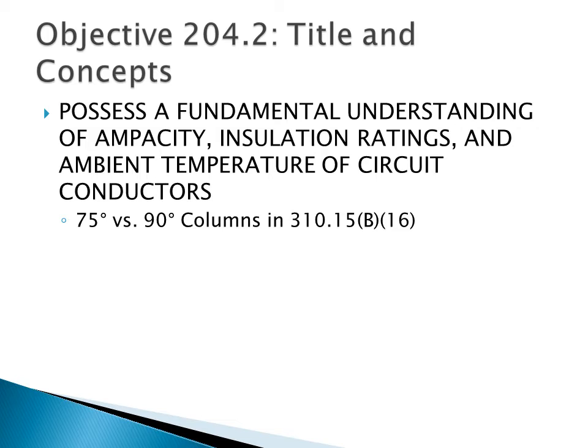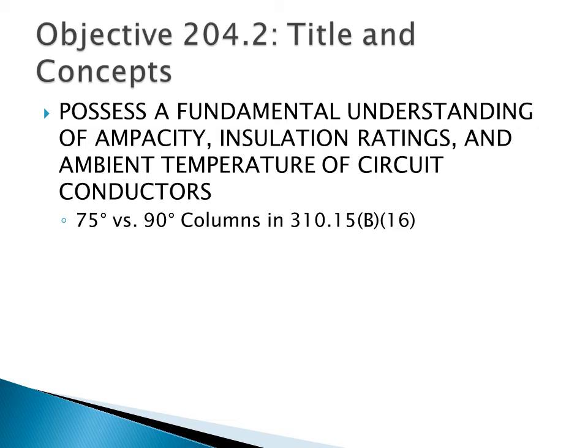Except when we are making an ampacity adjustment or correction, meaning we're going to adjust for more than 3 current carrying conductors in a raceway or correct for ambient temperature that's different than 30 degrees Celsius.